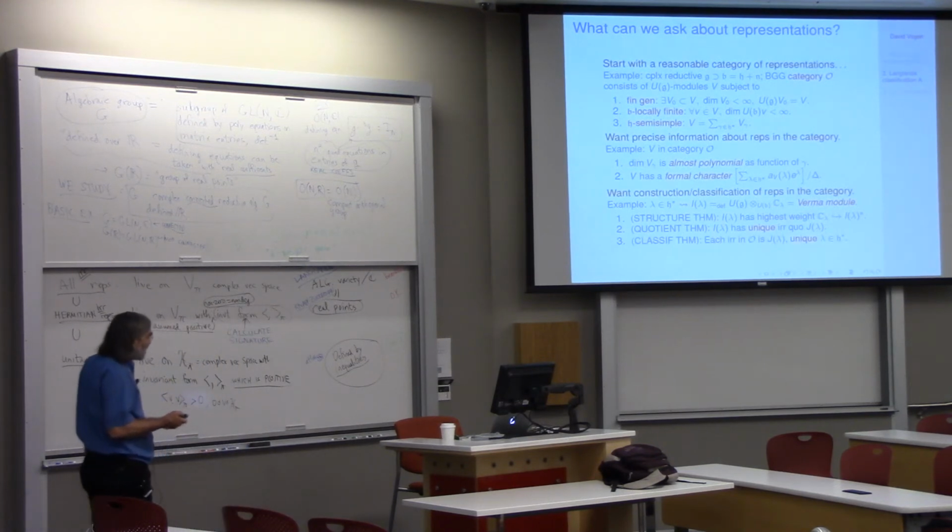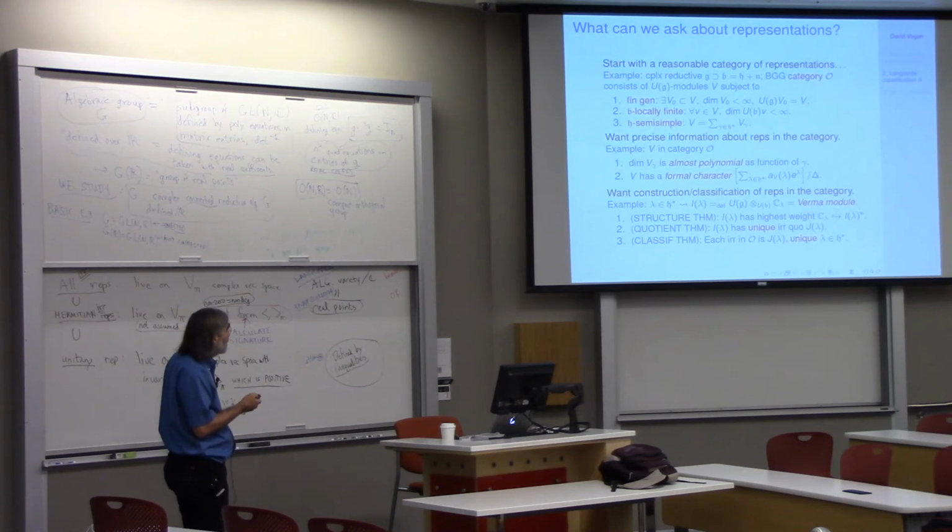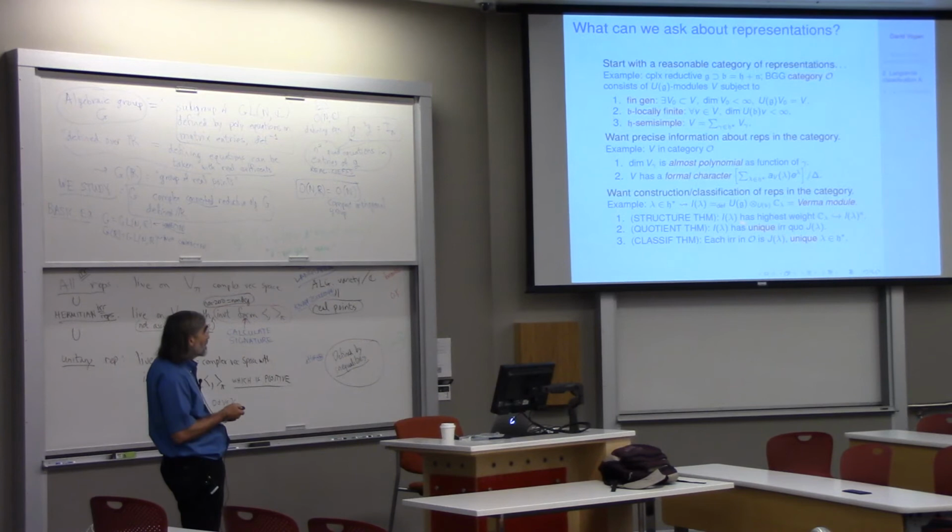Then the classification theorem says that any irreducible in this BGG category is one of these irreducible highest weight modules. It's the unique irreducible quotient of some Verma module for a unique weight.